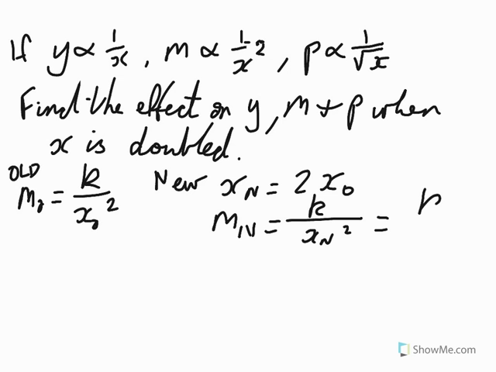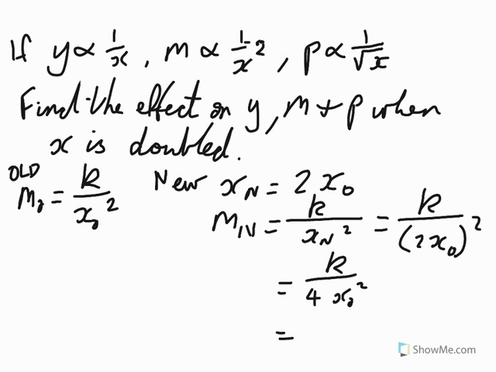Now x new squared is 2 times x old, squared, which would be k over 4x old squared, which would be 1/4 k over x old squared, which is 1/4 of m old.